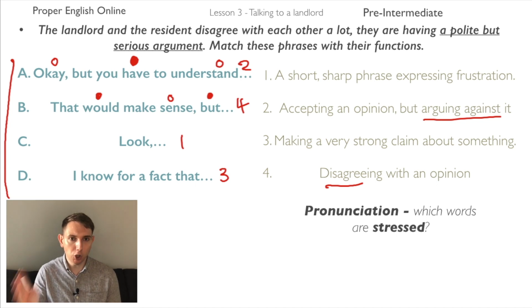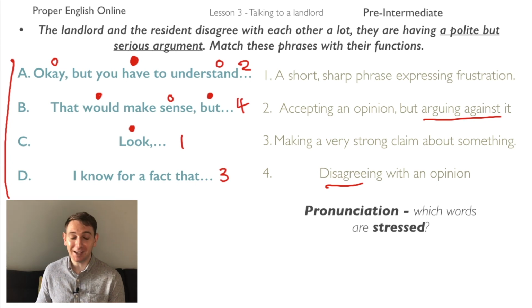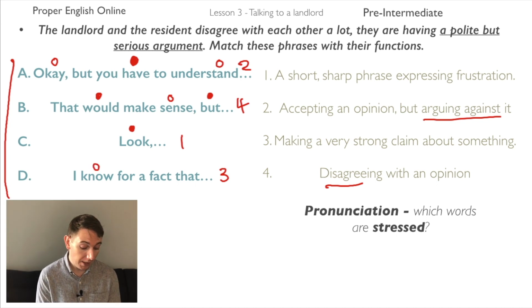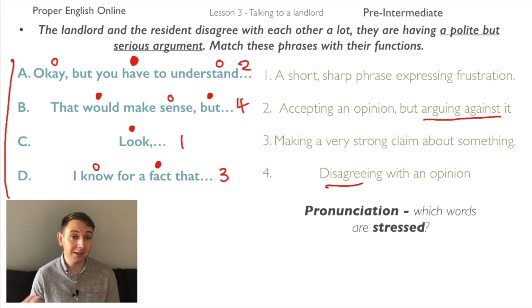The next one, look. This one here, really strong stress on that one word. Again, look. And the last one, again, I know for a fact that. So small stress on know, bigger stress on fact. Again, let's say together, I know for a fact that.